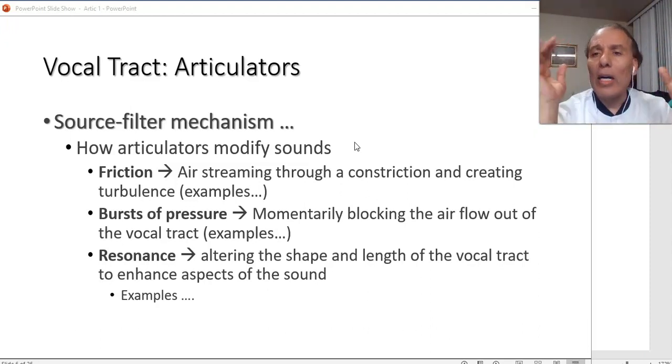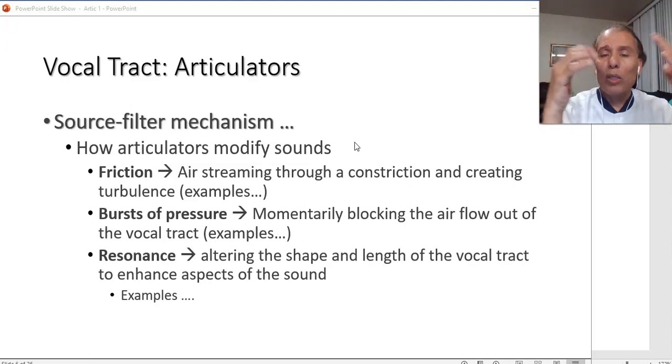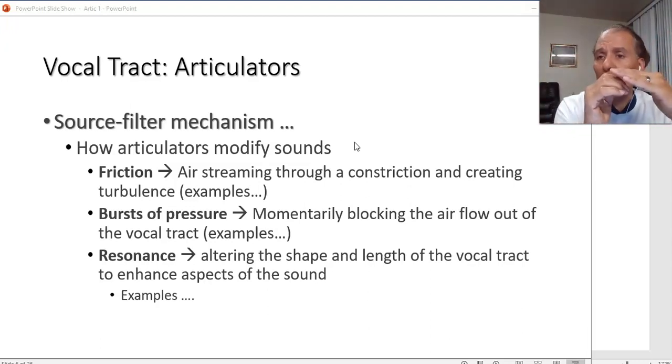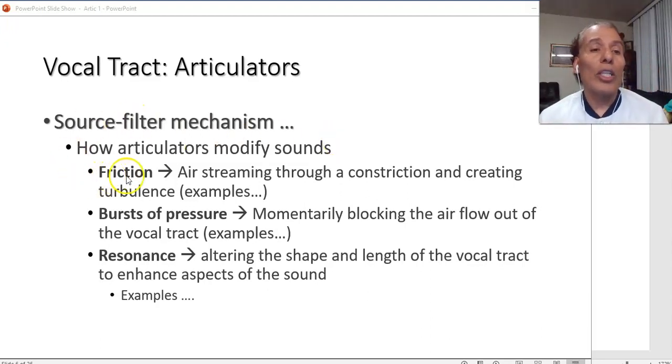Any sound can be produced like that. Partial constrictions usually produce sounds through friction. This group of sounds, the biggest group, is called fricative sounds.